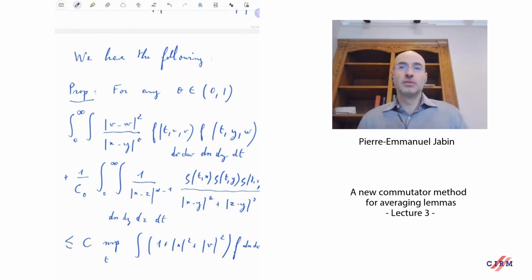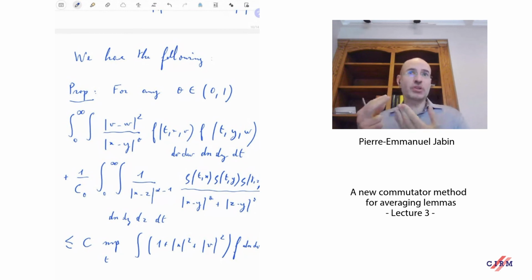Hi, Pierre-Emmanuel, it's Maxime. I'm just wondering if there is a link with what you explained to us just before on some kind of hypocoercivity methods for this kind of equation. Not directly, as far as I know. The big trick here is that you get a dispersion from the force term, which you could see as some sort of hypocoercivity.